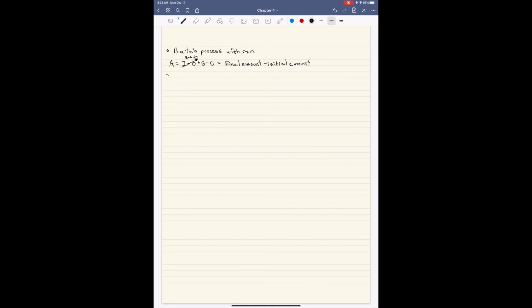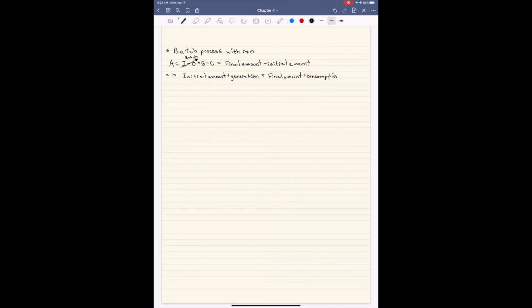So we could rearrange this equation to say that the initial amount we have in our process plus whatever's generated is going to be equal to the final amount in our system plus whatever's consumed.